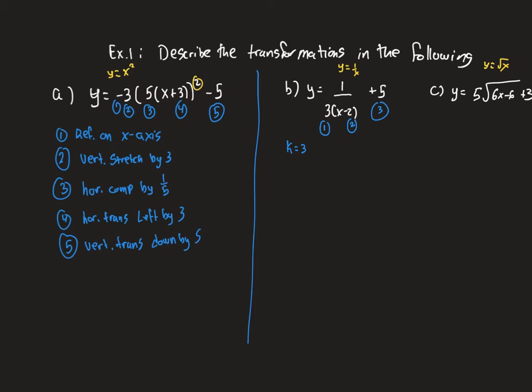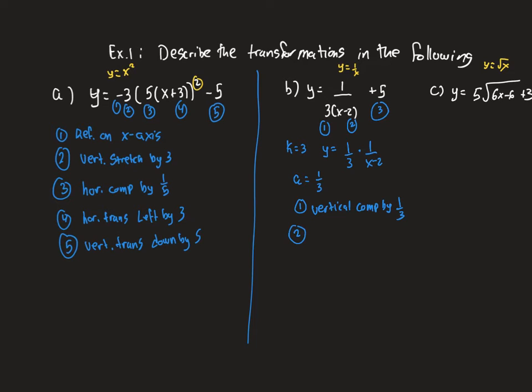But I can actually factor this equation and make it look like 1 over 3 times 1 over x minus 2, which means if k is 3, my a value is 1 over 3. So really, I have a vertical compression by 1/3.